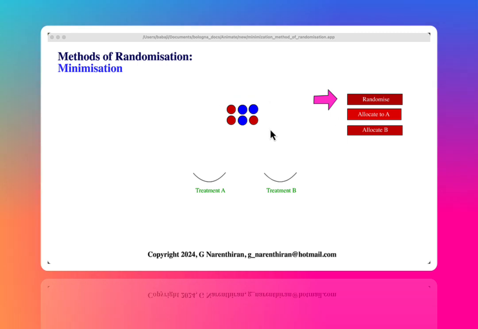So let's say these are our patients, and A is the control and B is our test. What we want is to allocate these patients in a random way.